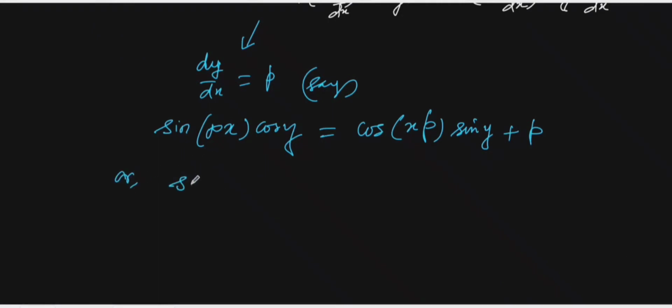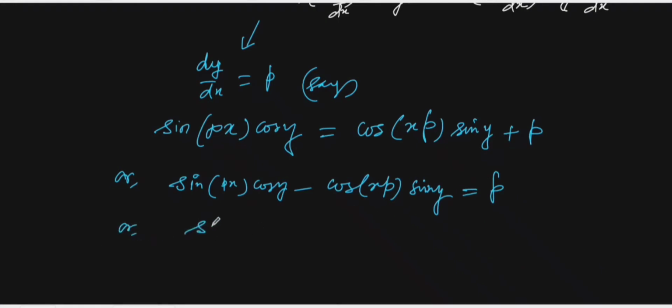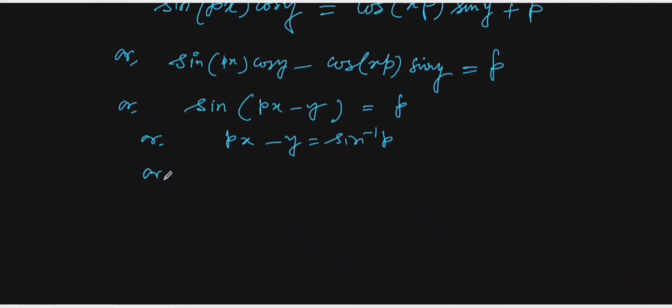This can be written as sin(px) cos y minus cos(px) sin y equals p, or sin(px minus y) equals p, or px minus y equals sin inverse p, or we can write this as y equals px minus sin inverse p. Let's name it equation star.